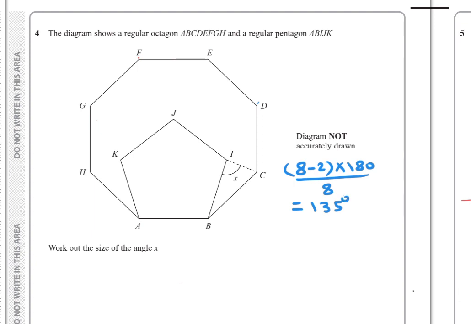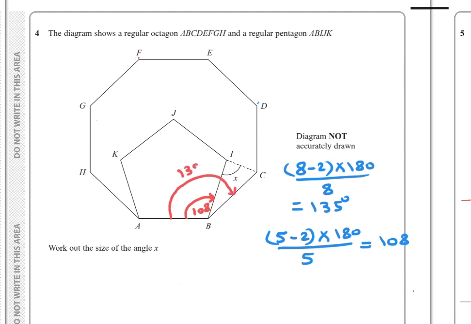And we can use the same rule to find each interior angle in the regular pentagon, which is 5 minus 2 times 180 divided by 5 equals 108. So now the interior angle for the regular pentagon is 108, so this angle is 108, and the interior angle for the octagon is 135, so this angle is 135.